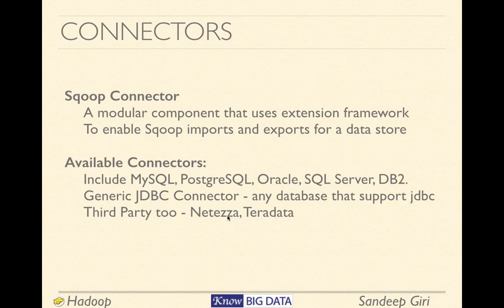A Scoop connector is a modular component that uses an extension framework to enable Scoop imports and exports for a data store. The whole mechanism is like a JDBC driver, so that people can develop various new connectors.